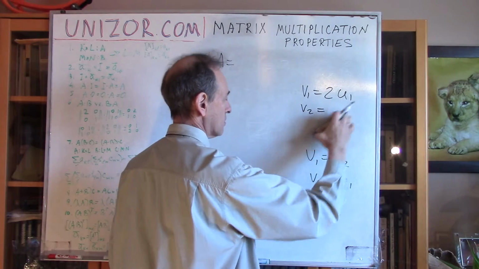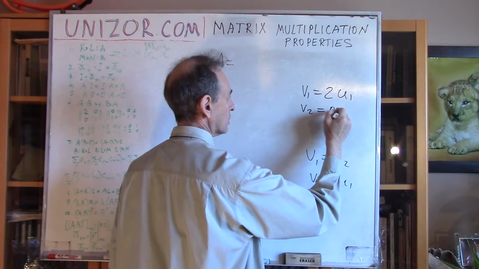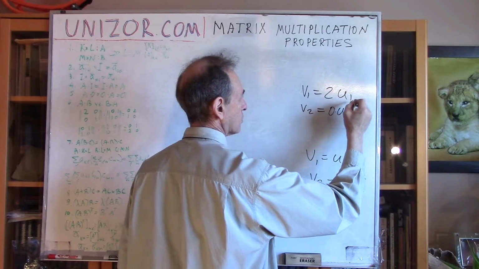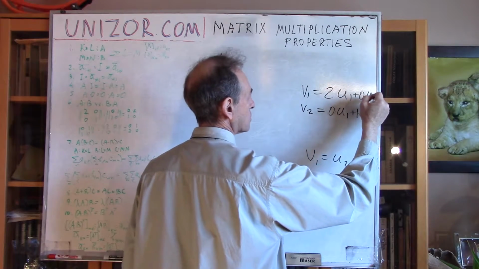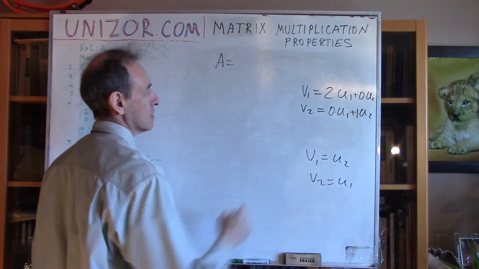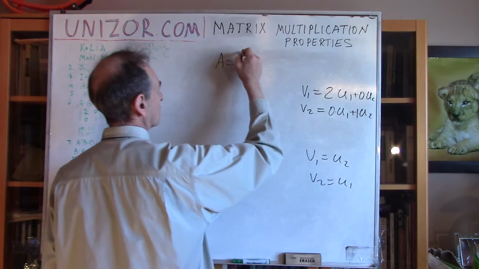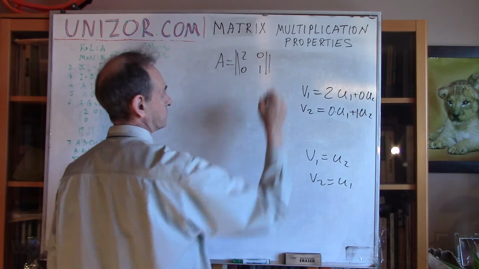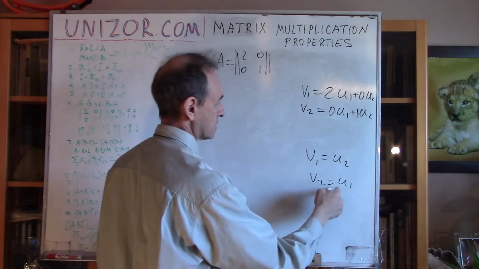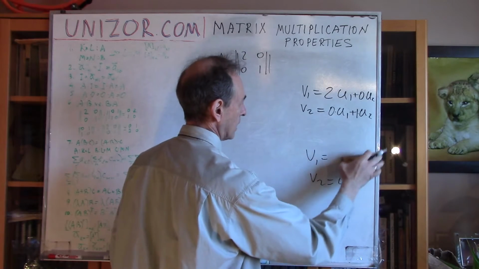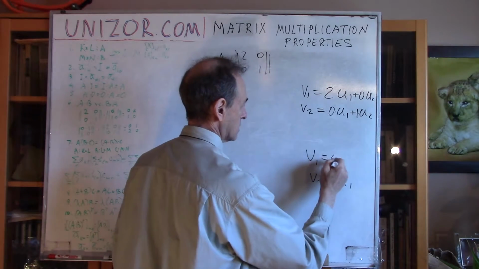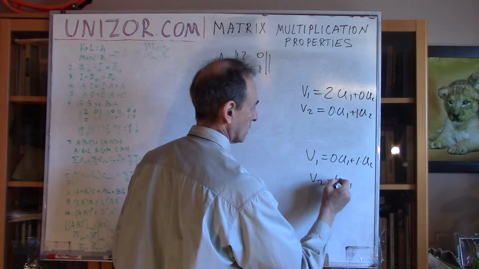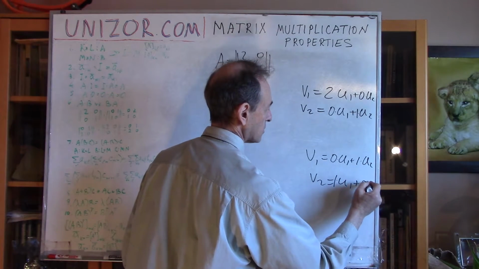Well, let's think about it this way. This is not just u2, this is 0 times u1 plus 1 times u2. And this is 2 times u1 plus 0 times u2, right? So the matrix A is 2, 0, 0, 1. Now, this one, I can write down as 0 times u1 plus 1 times u2, and 1 times u1 plus 0 times u2.